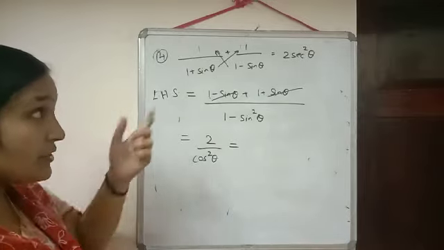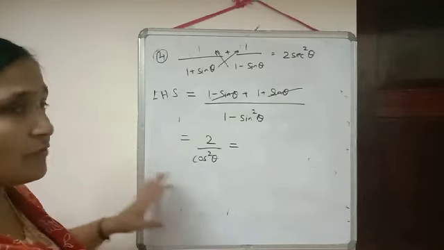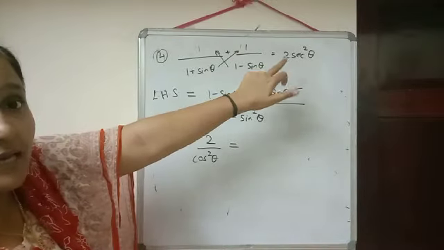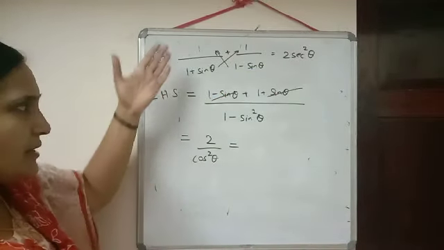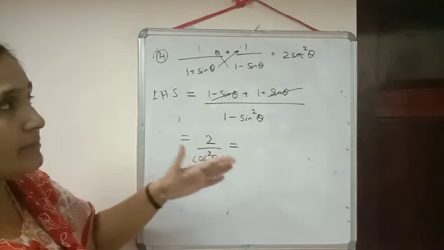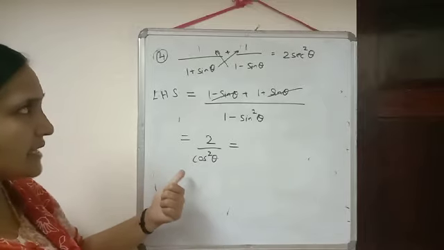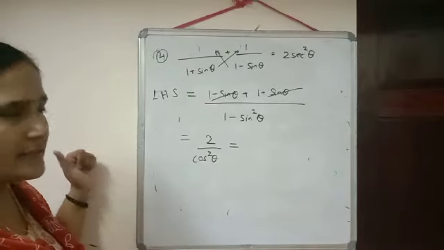But in the proof we don't need cos square theta. What we need? Always whenever you are proving something, just check what we need in the right hand side, because till here our steps are correct only. Then student might think why we are not getting the answer there. So for that, just check here how we can relate the answers.